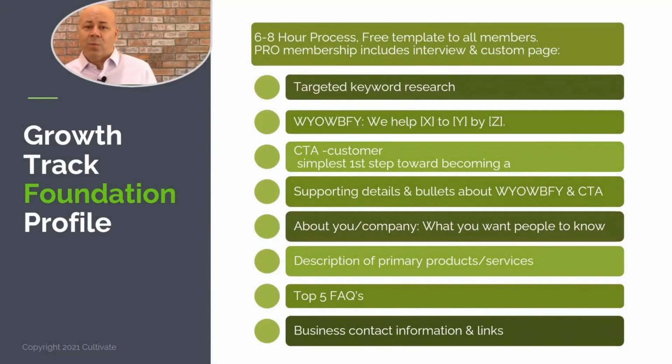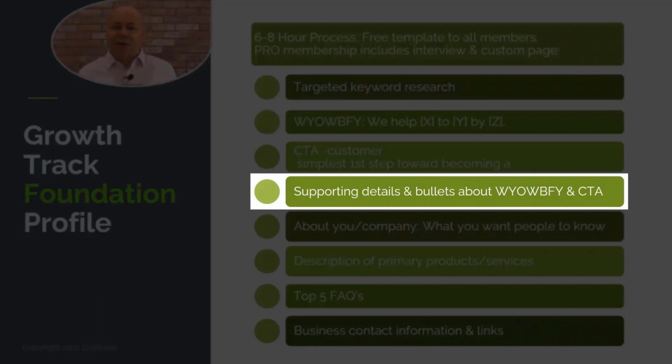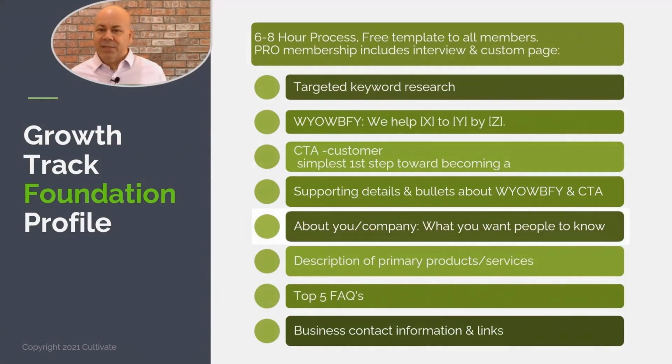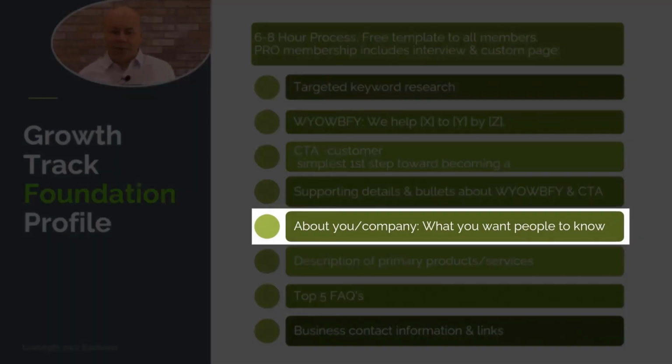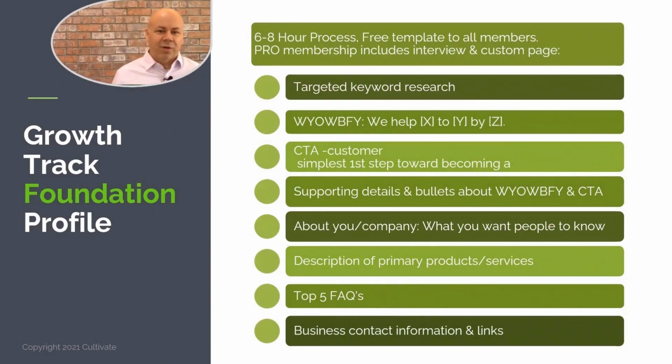We'll actually custom write out for you, based on some information you provide in that interview, these supporting details so people really understand what they need to know about what you offer, why buy from you, and your call to action. Help you write this story about your business, like what do people need to know about your business? Maybe you're a family-owned business, maybe you're a woman-owned business, maybe you're a veteran-owned business, your fourth-generation family-owned business, whatever those things are that we want people to know about you.